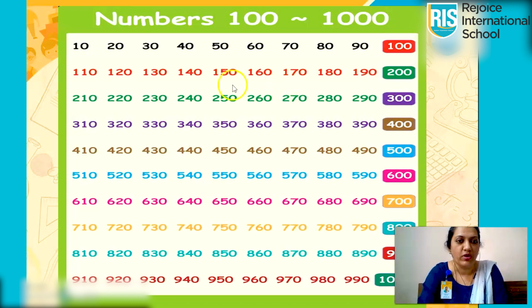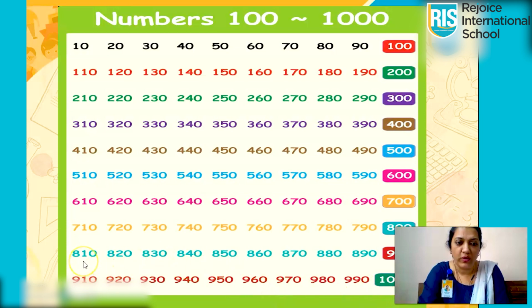Okay, so this will continue, go on from 210 to 300, from 310 to 400, 410 to 500, 510 to 600, 610 to 700, 710 to 800, 810 to 900, and then we have 910 to 1000.